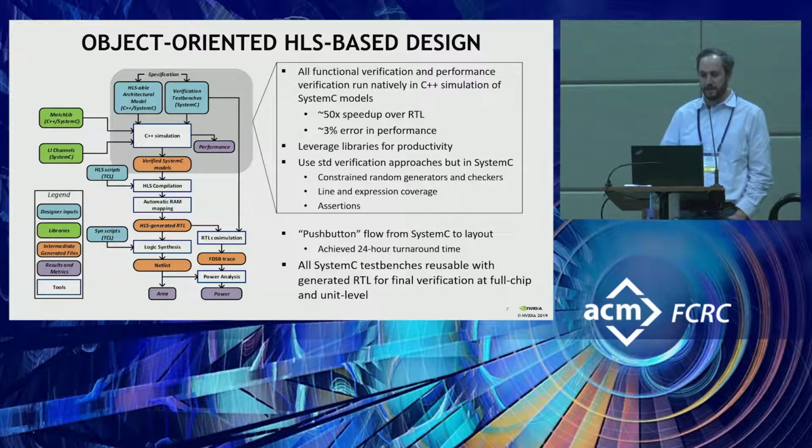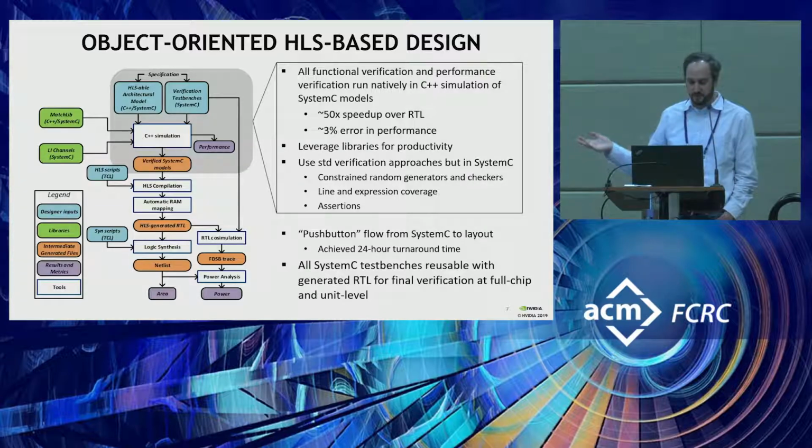This is where the Agile flows come into play. If you're interested in this, there's a DAC paper in 2018 that we wrote that explains this whole flow. But the things that we've noted is we can get about a 50x speedup compared to running with a traditional RTL simulator. The performance models are quite accurate using the MatchLib components that we've developed.